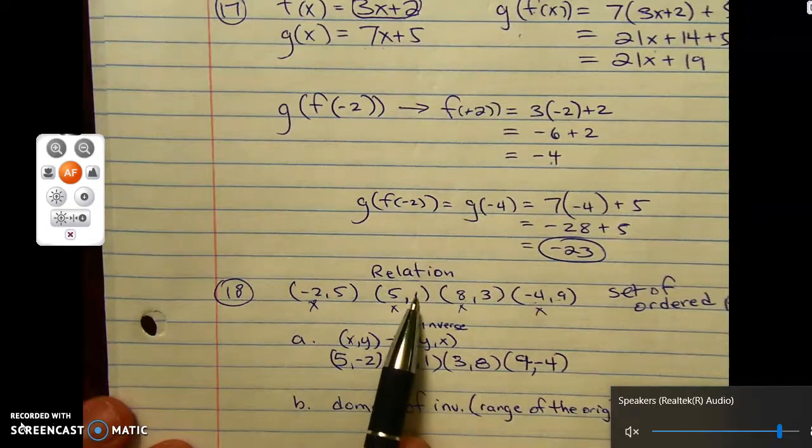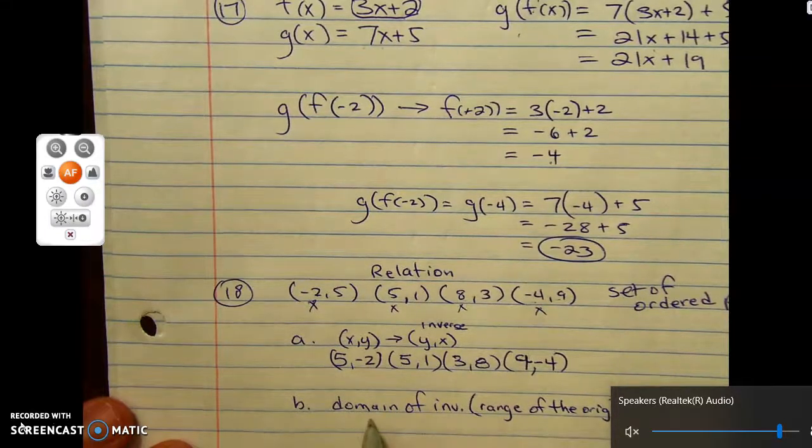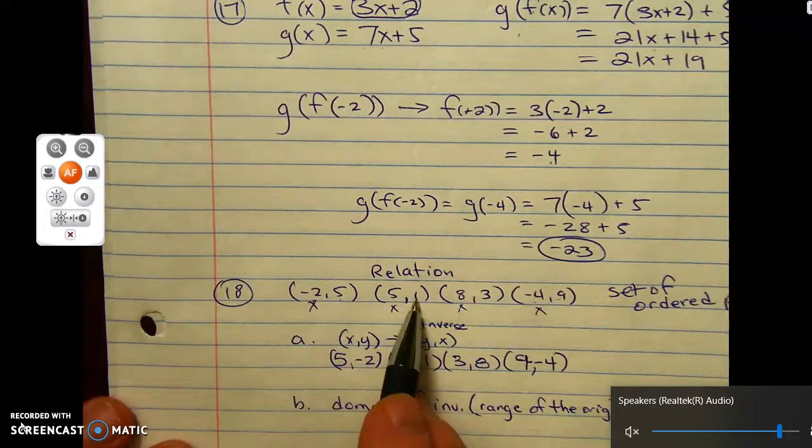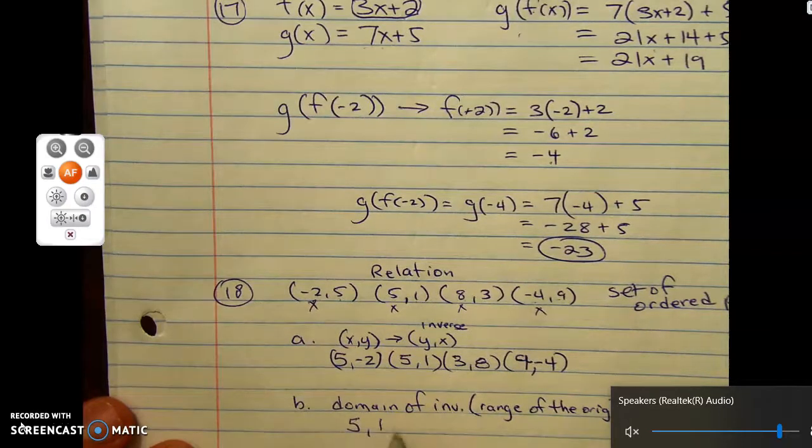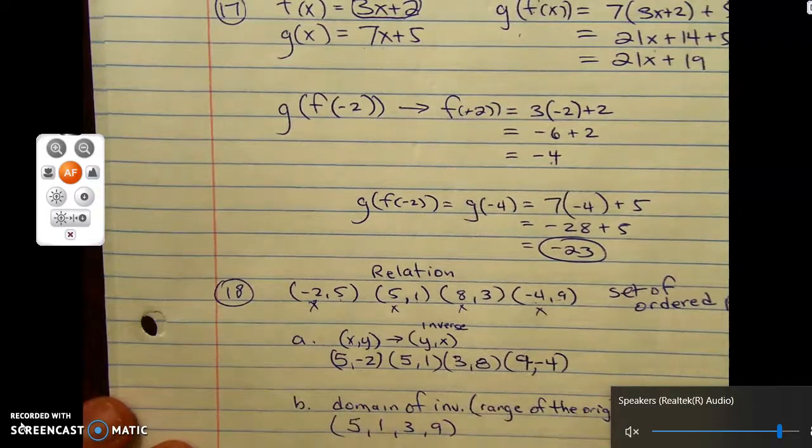So look at all the y's. That'll become the domain of the inverse. So that'll be 5, 1, 3, 9. That's the domain of the inverse, because it was the range of the original problem.